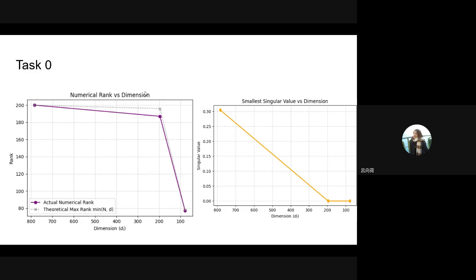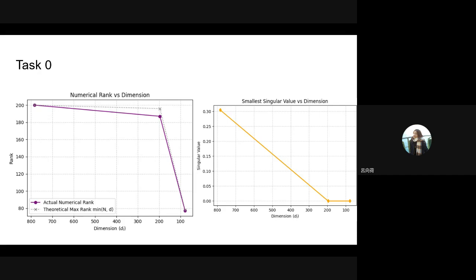Here is the numerical range and the dimension. When the dimension is 70 and 184, the range is the same, but when it comes to 196 and 78, the actual range is below the theoretical max range, which tells us that in these two cases the matrix is rank deficient.